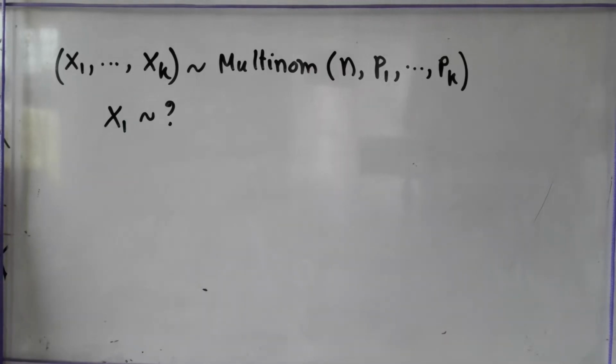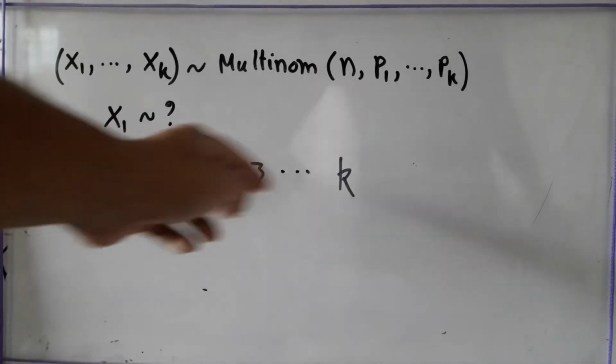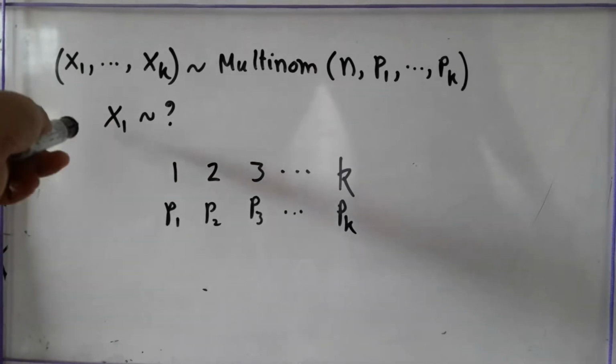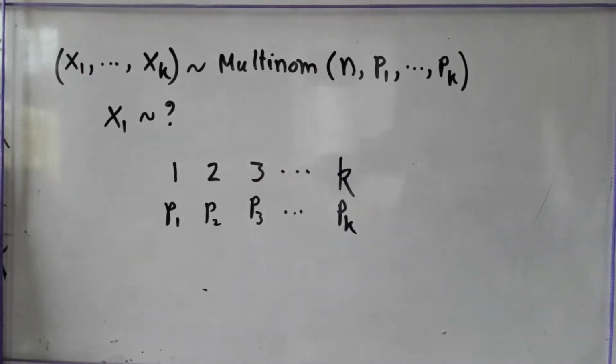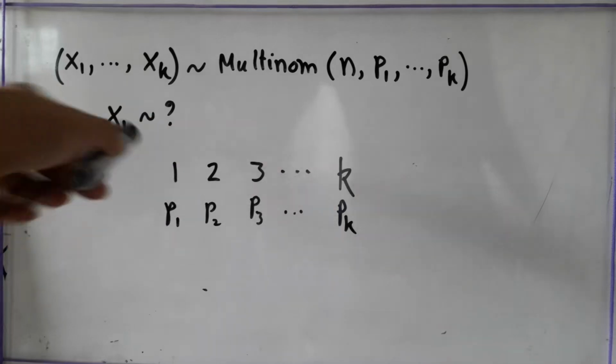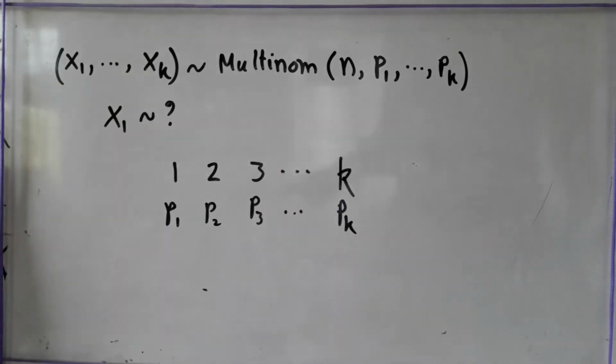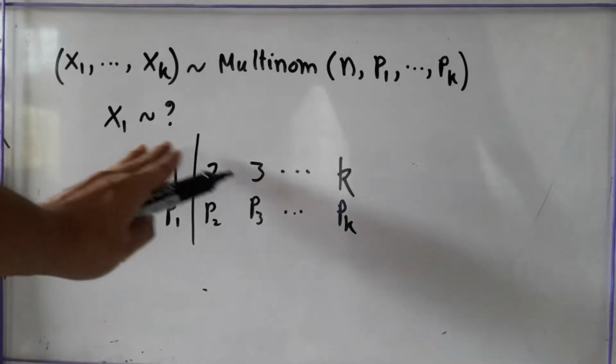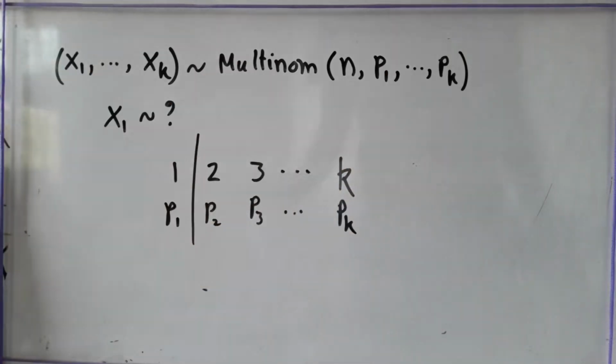It's like this. Here you are rolling a k-faced die, so the possible outcomes are 1, 2, 3 up to k with probabilities. Now when I say I want to look at only x1, this means I am merely counting how many times I get 1. So basically I am partitioning. 1 is in one group and all the rest that are not equal to 1 are in the other group.